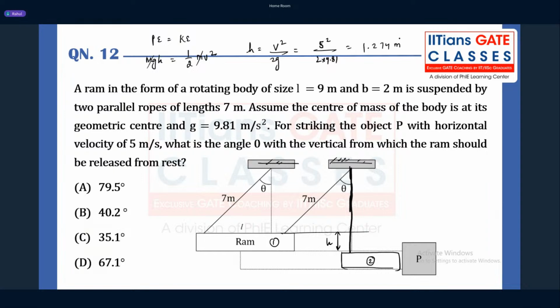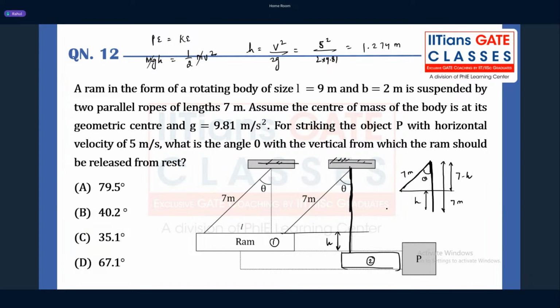Once you get this value, now it's very school mathematics. See here, in this triangle you have theta. This is 7 meter. String length cannot change, right? From here to here it is 7 meter, but here to here there is h. Then what about this? 7 minus h.